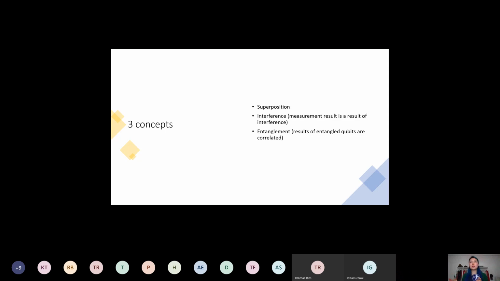Interference is what causes the measurement result to be what we measure. And entanglement is a result of entangled qubits being correlated. So these are the 3 key concepts you just have to understand about quantum computing.